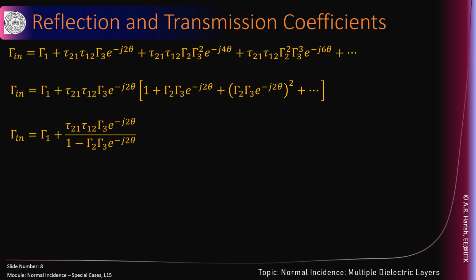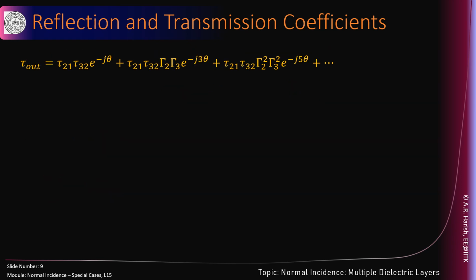And the summation is 1 upon 1 minus gamma 2, gamma 3 e to the power of minus j2 theta. 1 plus r plus r square, so on to infinity. If r is less than 1, will be 1 upon 1 minus r straight away. And this can be simplified to this form. This is a little longish exercise, but I want you to do this. Show that gamma in is given by the last equation from the last but one equation.